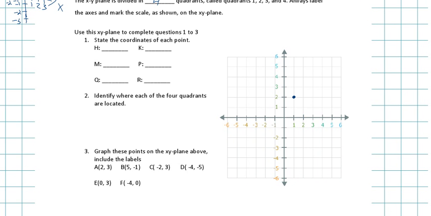Let's look at H. This is what you guys have on your graph. So what is the point H? What are the coordinates of point H? X is 1, Y is 2.